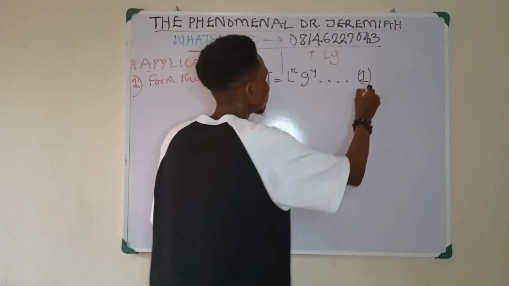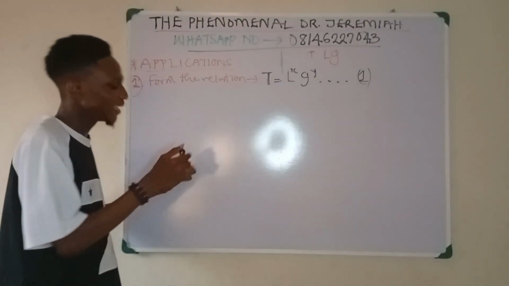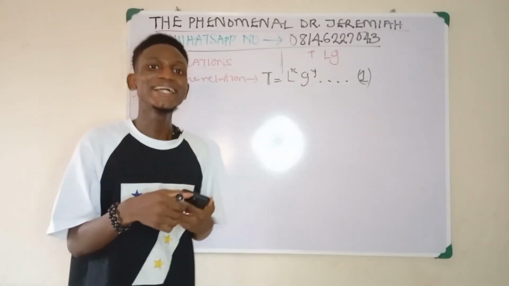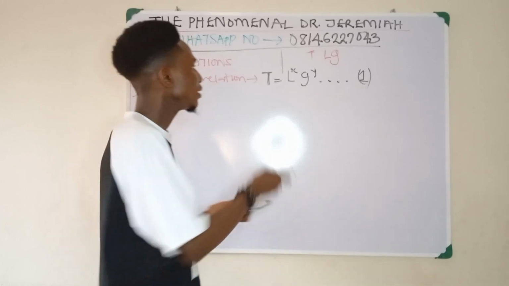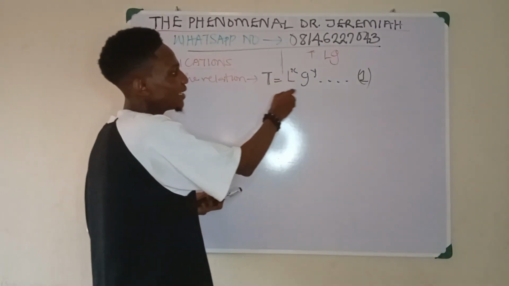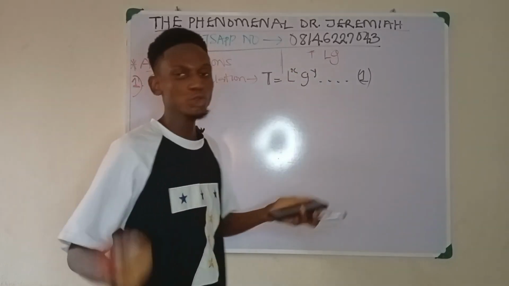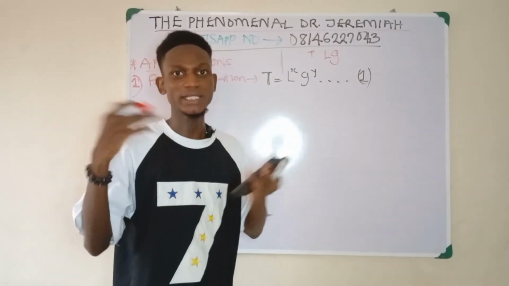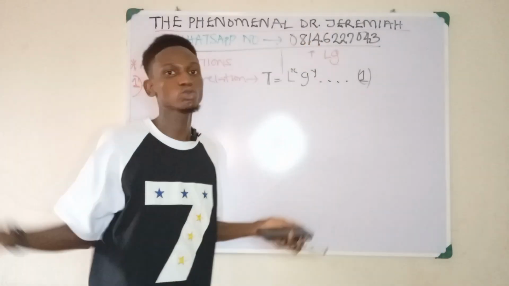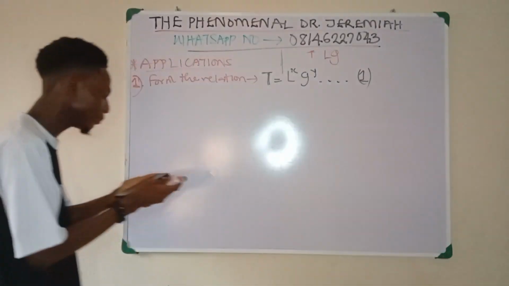So the first thing is that we have to form a relation from the question. This simply means that period depends on length and gravity. Why do we put this x and y? Because we don't know the power yet. It can be 0, it can be 1, it can be -2. Hope you get it. So the first thing is to form the relation.